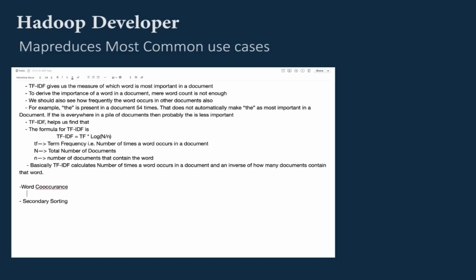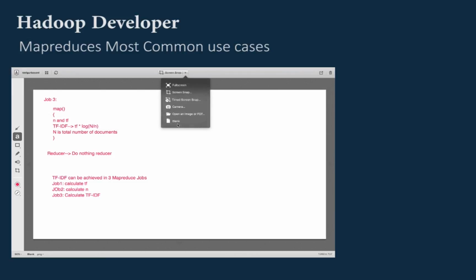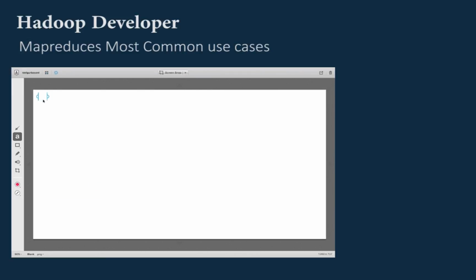The next algorithm that we are going to talk about is extremely simple. It's called word co-occurrence. So what exactly is word co-occurrence?